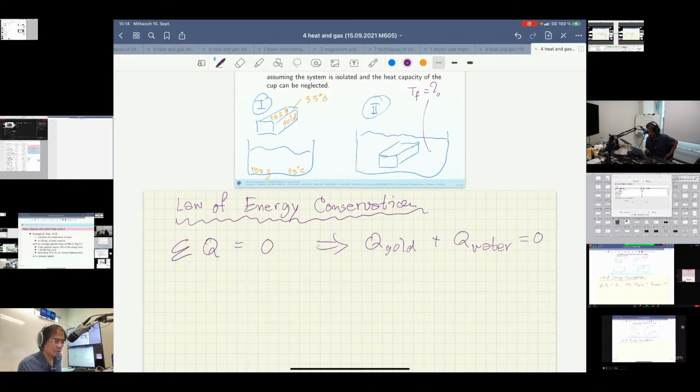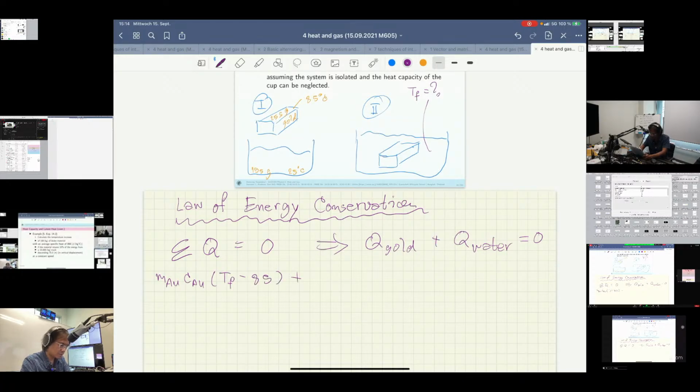And yeah, we go ahead with that. Q gold is M of gold, C of gold, and delta T is TF minus T initial of the gold, which is 85, right?